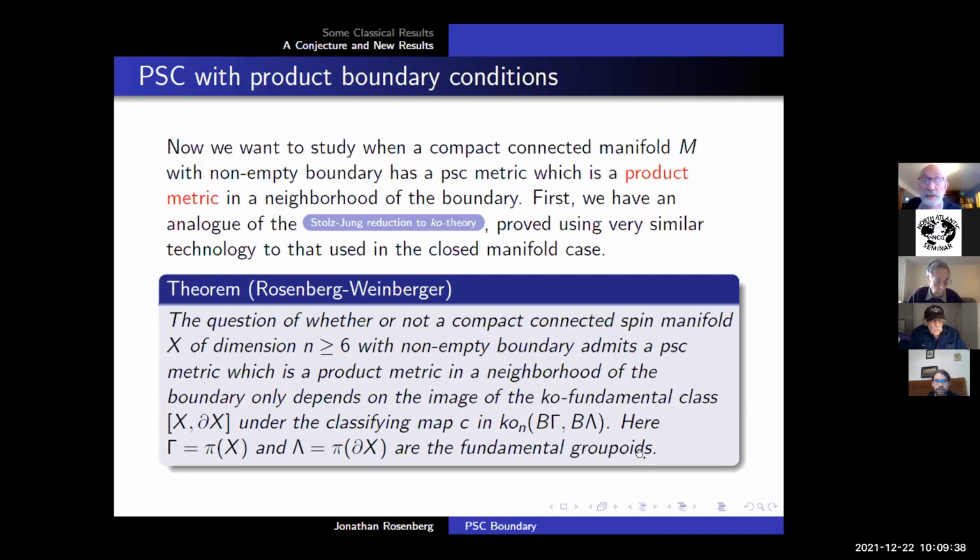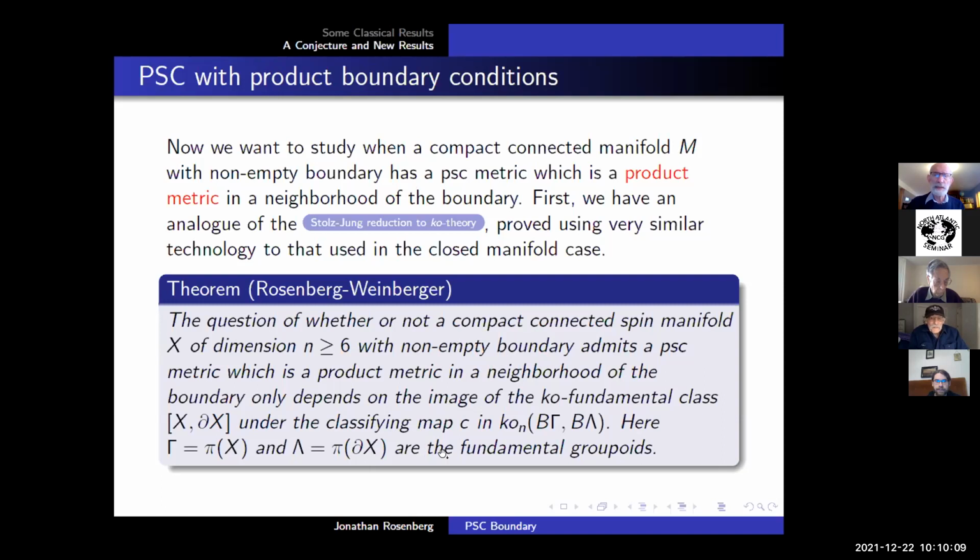Let me just say why I'm mentioning groupoids rather than groups here. The problem, of course, is that there can be more than one boundary component. When there's more than one boundary component, it doesn't make sense to talk about the fundamental group of the boundary, because the boundary has multiple components, and the different components might have different fundamental groups.